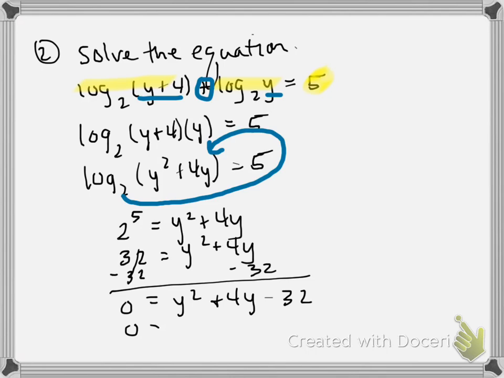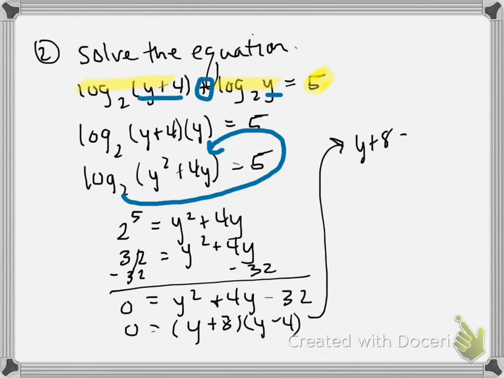I get 0 equals y plus 8 times y minus 4. So that tells me that y plus 8 equals 0.